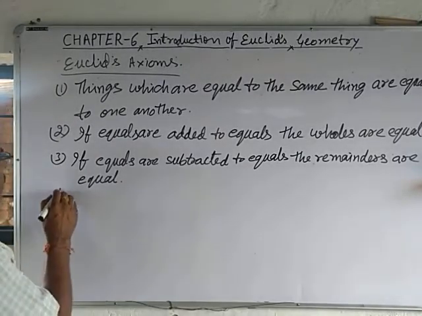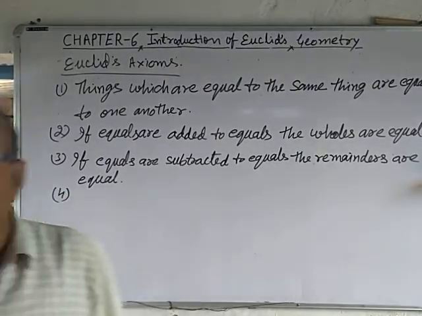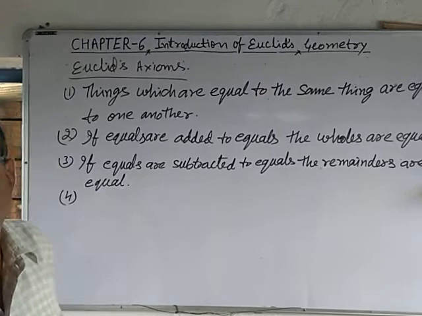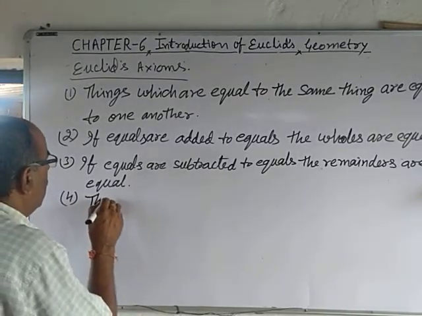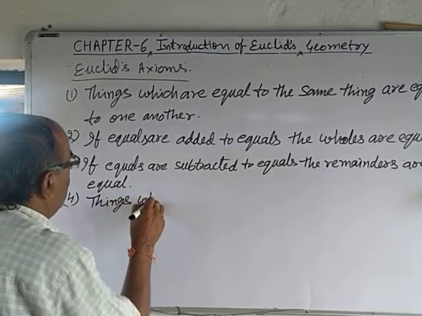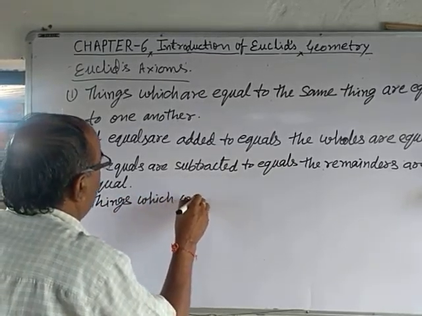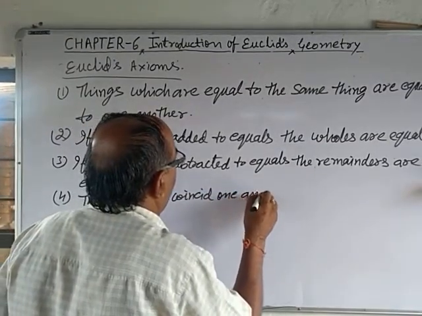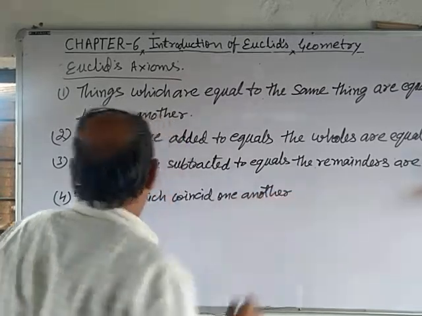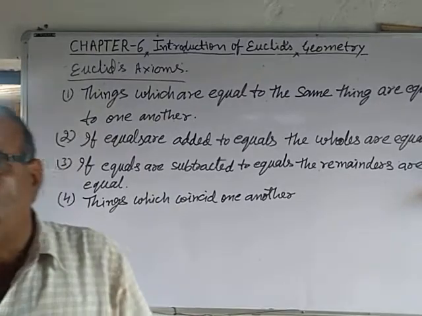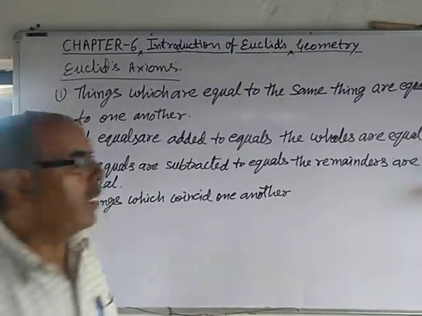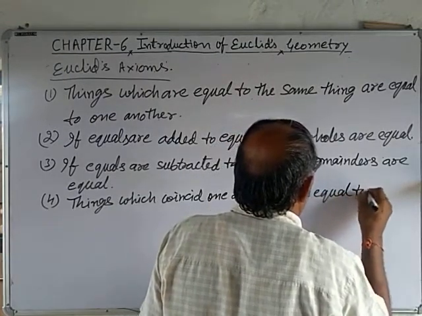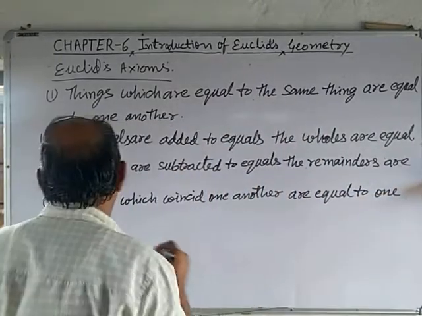The fourth is: things which coincide with one another are equal to one another.